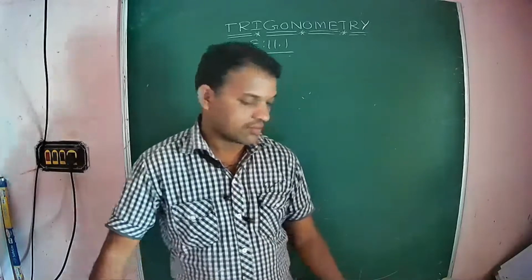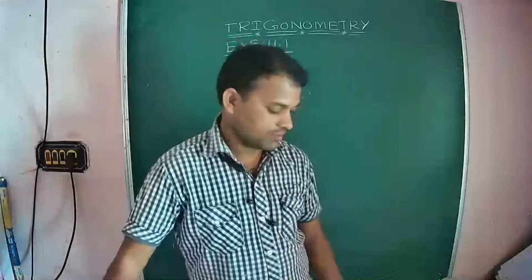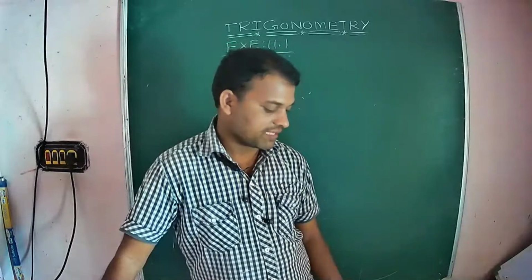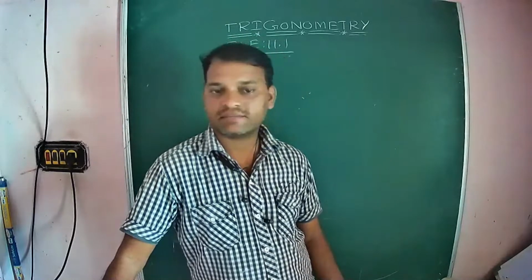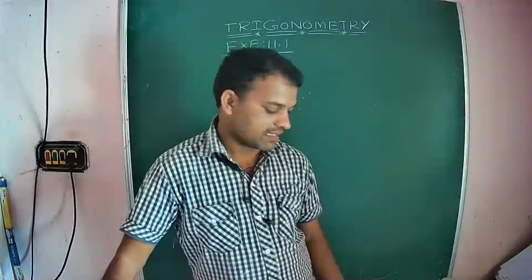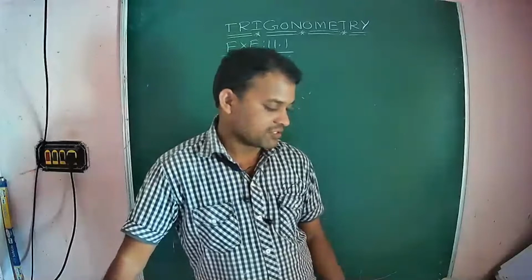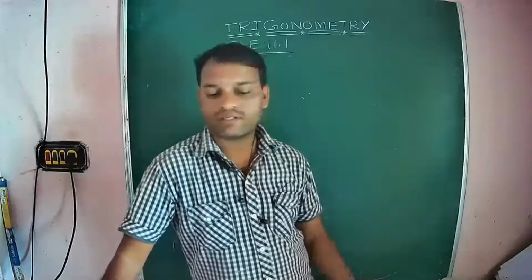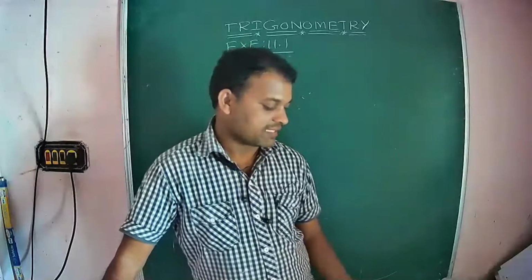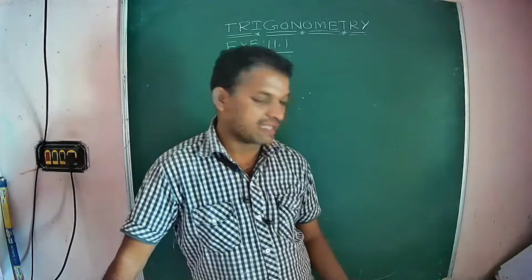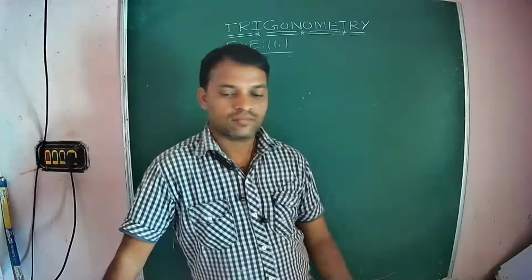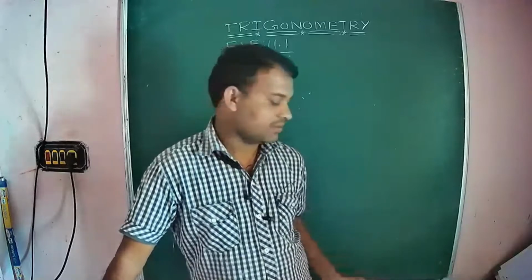So the fourth sum: if cos A is equal to 12 by 13, then find sin A and tan A. Okay, sin A and tan A means, using the triangle, first you need to find out, but here the adjacent side and hypotenuse are given. So you need to find the opposite side. After finding the opposite side, sin A and tan A will come. Okay, clear? Okay. Next, any doubts?